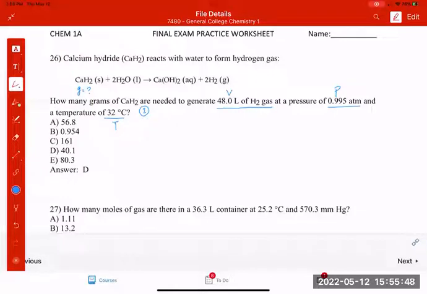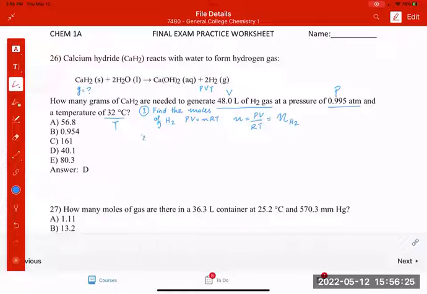We can find the moles of hydrogen gas. How? PV equals nRT, so n equals PV over RT. This n of hydrogen is equal to the moles of hydrogen gas, okay?